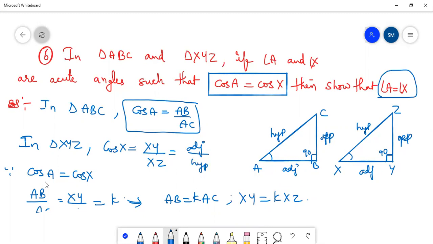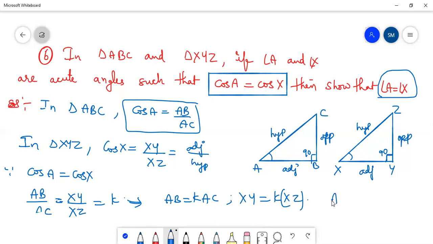And here we have the relation cos A equal to cos X, that is AB by AC equal to XY by XZ. From this we can take one constant common in the two ratios, then AB is equal to K AC, XY equal to K into XZ.